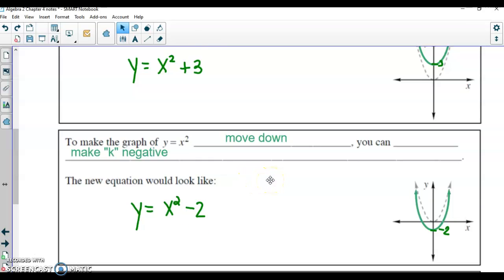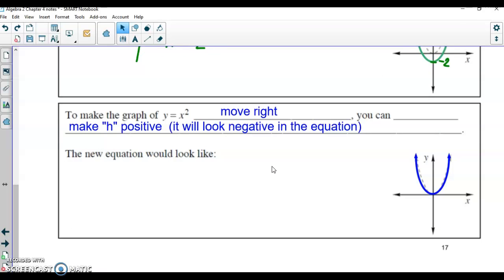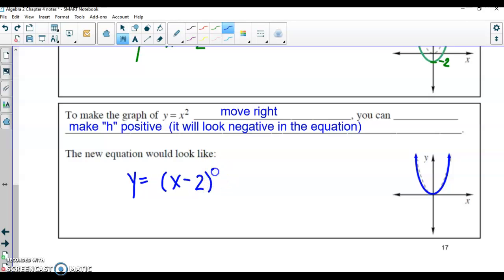How do I get my vertex to move left or right? Well, if I want my vertex to move right, I make the h term in my equation positive. It's going to look negative in the equation. So for example, my equation might be y equals the quantity x minus 2 squared.